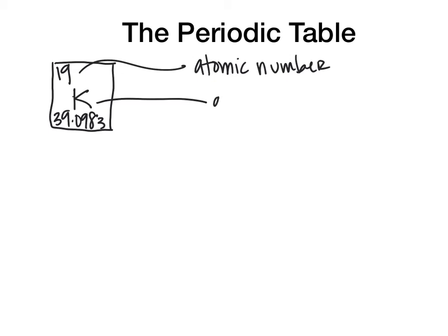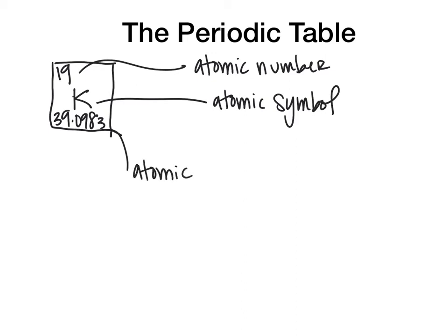Then we have the atomic symbol. And down here at the bottom, we have the atomic weight. There are lots of different periodic tables, and I have provided several for you in our Canvas course, so you can go in there and look for that. You can also download one from the internet. Some of them will also come with the name. Some of them will come with other information.